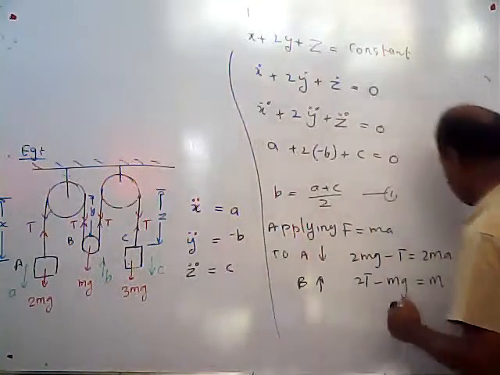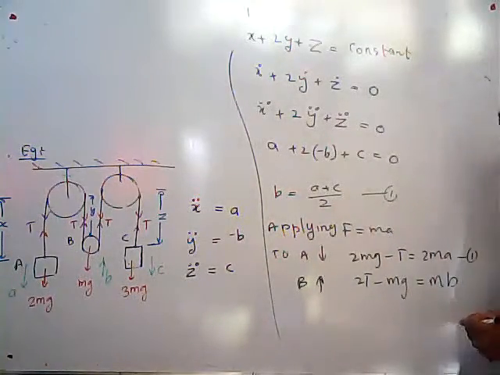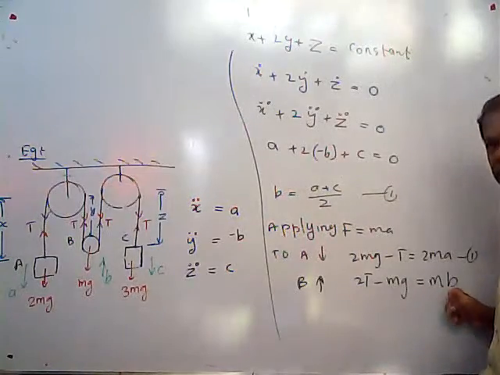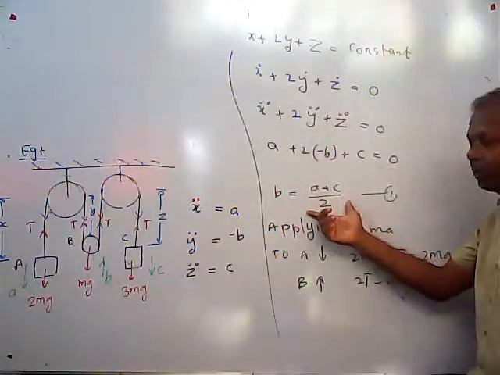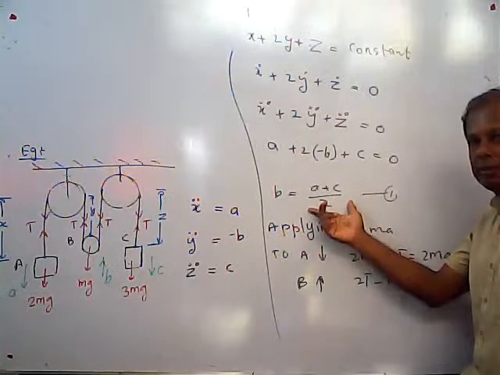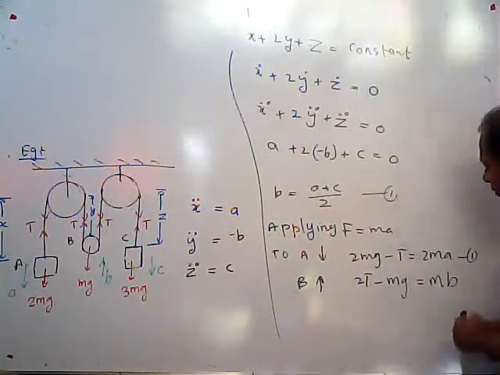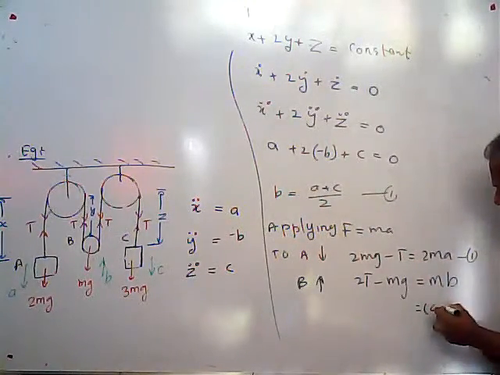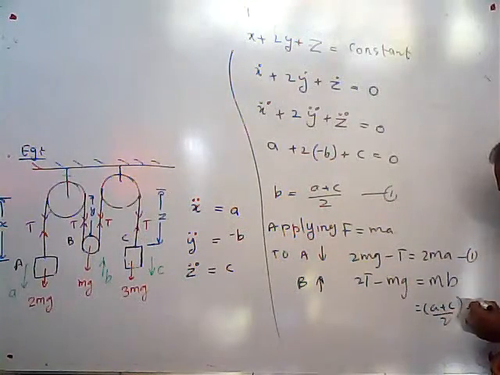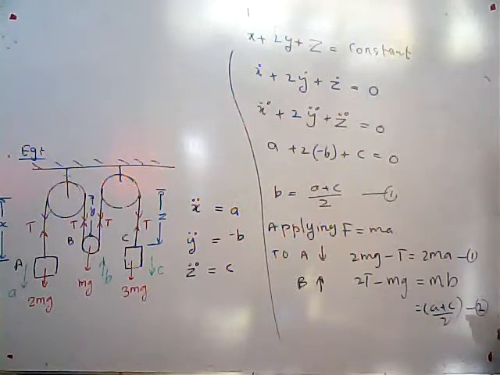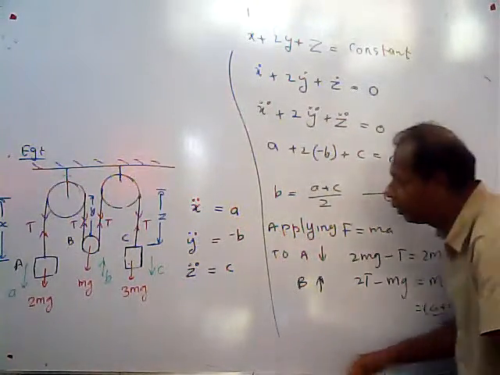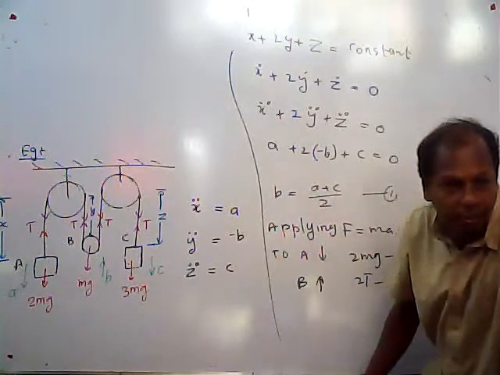The acceleration is b, but we don't need to keep b, so you can replace it by a plus c over 2. So I'll do so: a plus c over 2, equation number 2. So now two equations of a and c, and then I go to C.